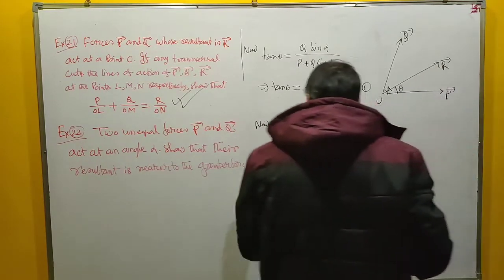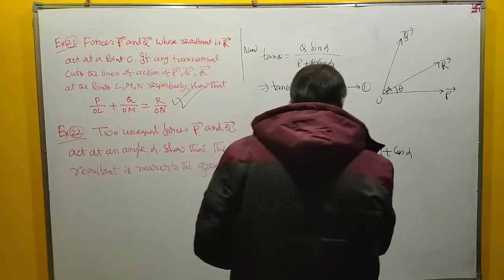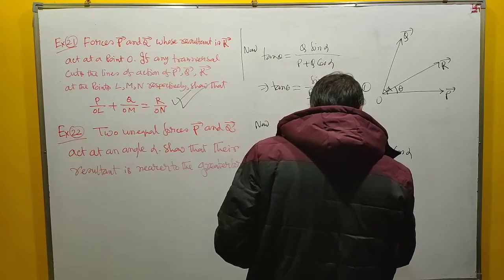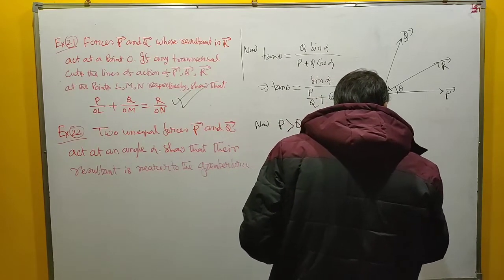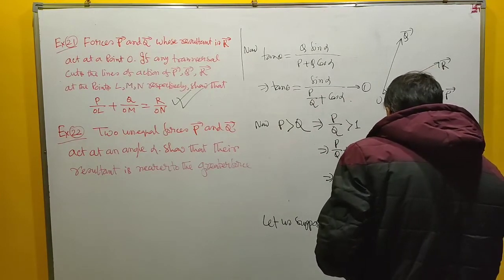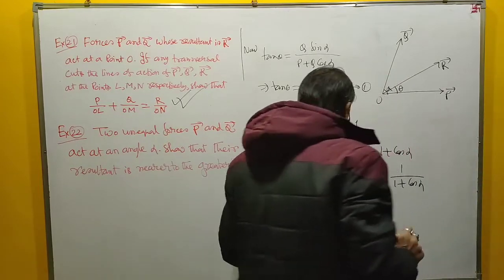Take the reciprocal, 1 by P by Q plus cos alpha. Then the sign will be changed: greater than will be converted to less than.